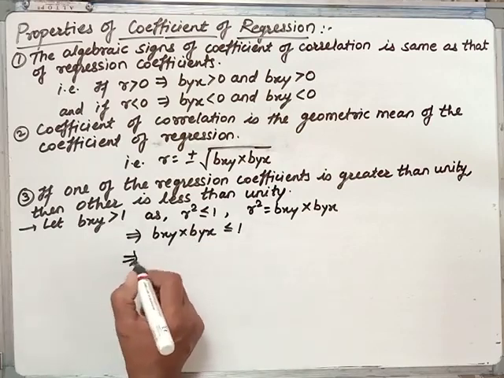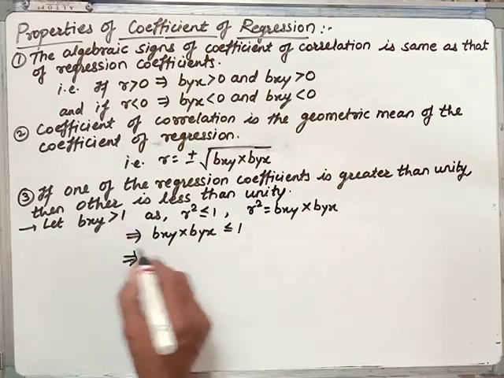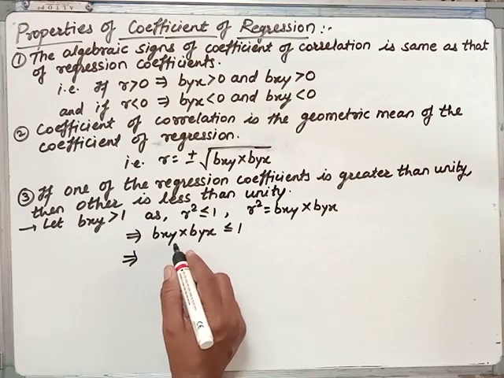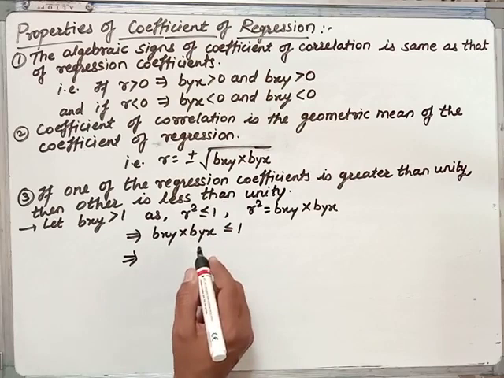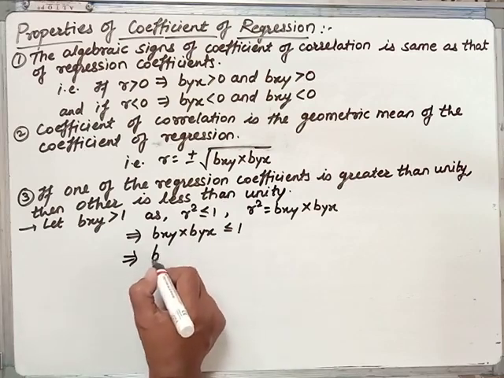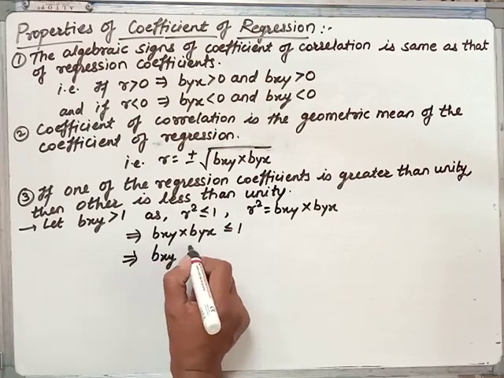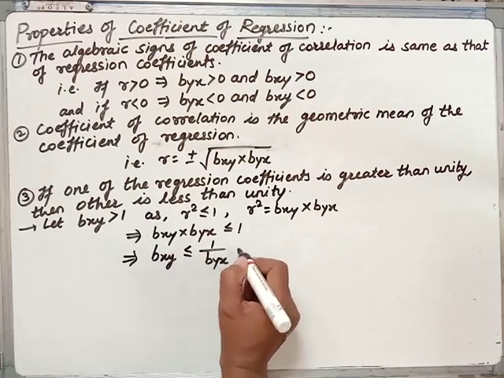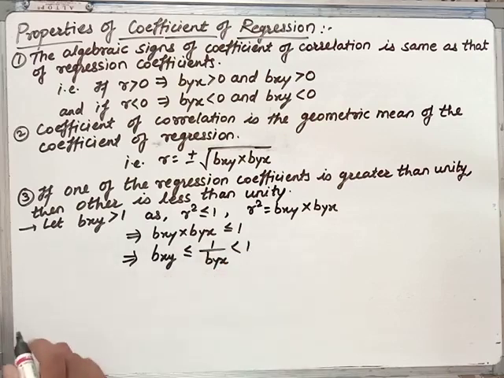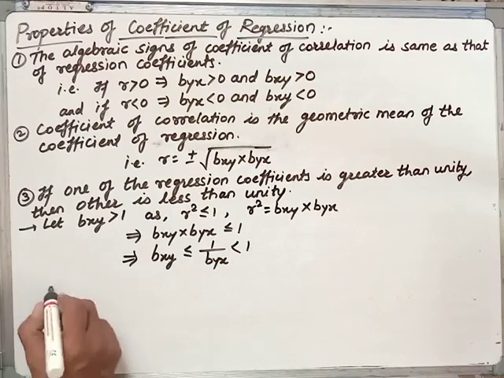So if bxy is greater than 1, then the other must be less than 1. So it says byx is less than or equal to 1 upon bxy, and less than 1.